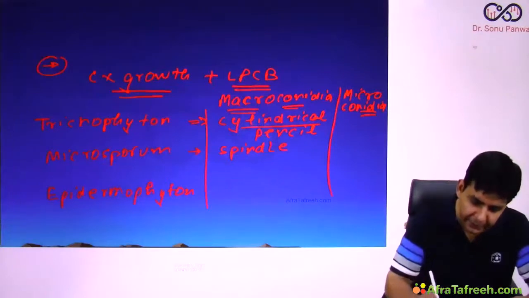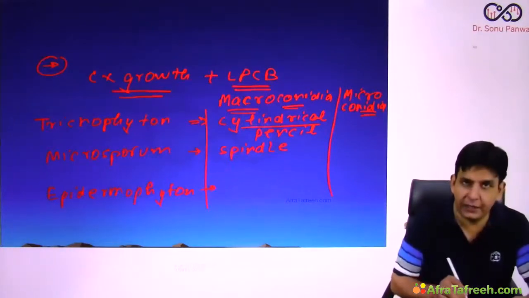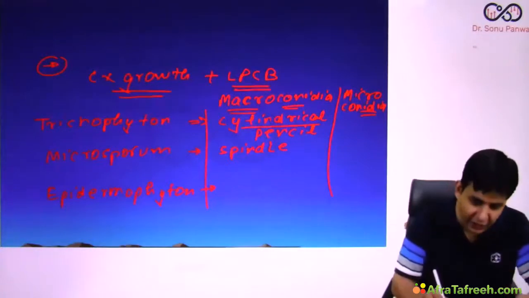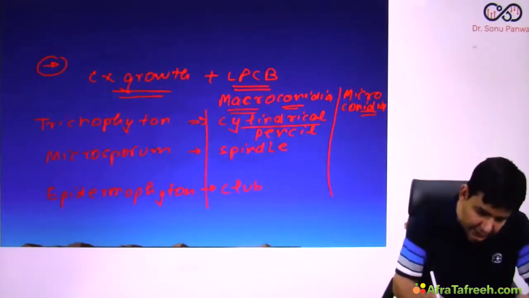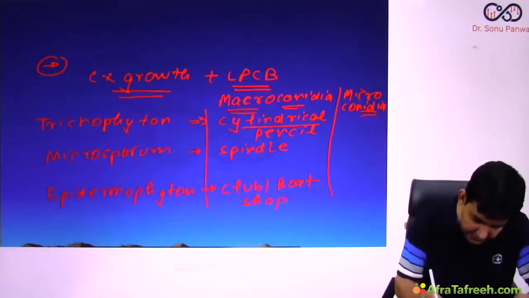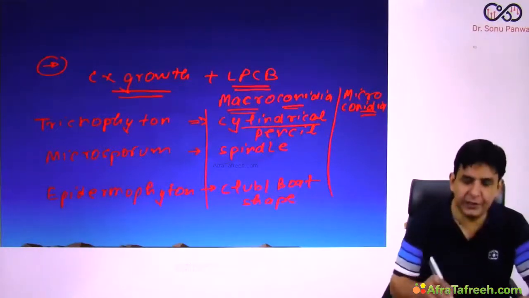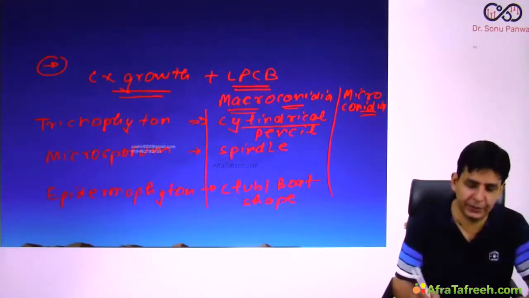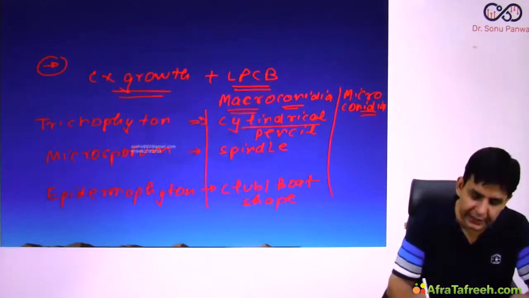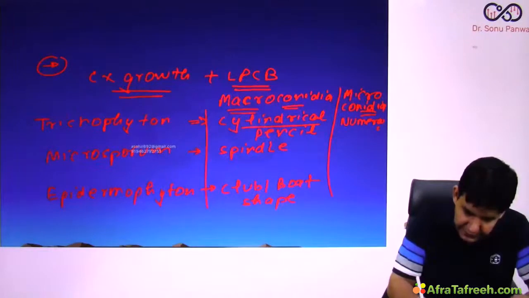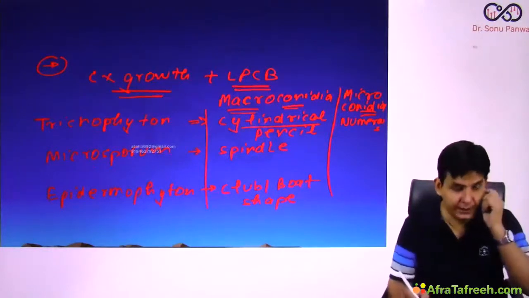And epidermophyton, the last one, looks like a clavate if you remember. Clavate, or it is club or boat shape. So one is cylindrical or pencil, one is spindle, and one is club or boat shape. And the microconidia are numerous on this side. So the question comes: numerous microconidia is a feature of which?